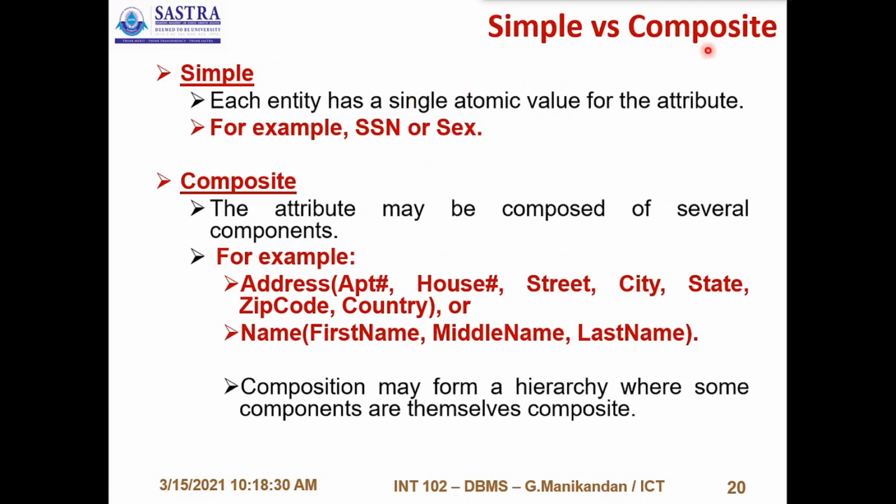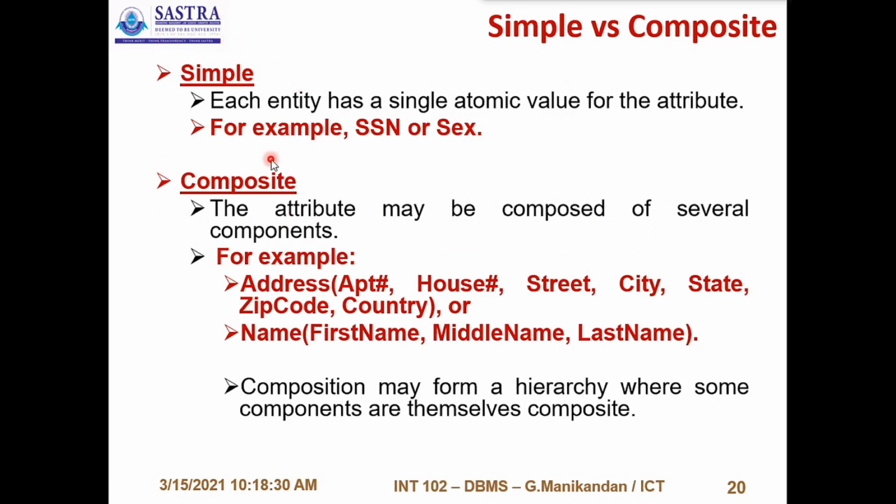I can have either M or F, male or female, so I cannot decompose it. You give only a single value for that attribute, and you cannot further decompose that value. That type of attribute is called your simple attribute.